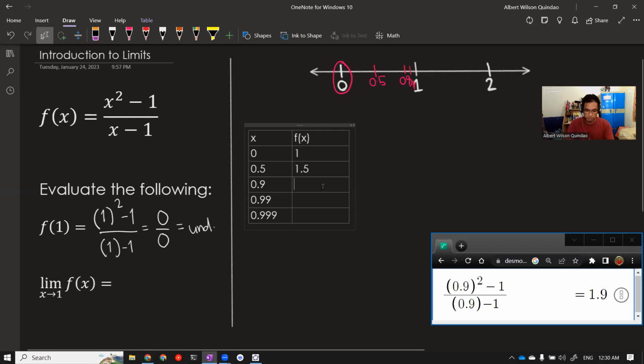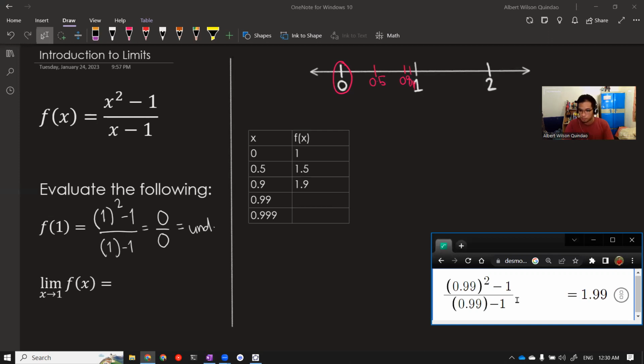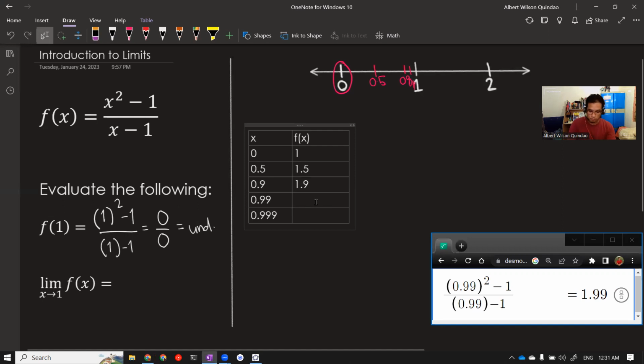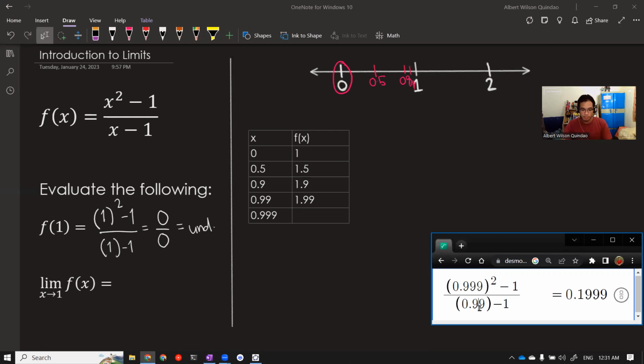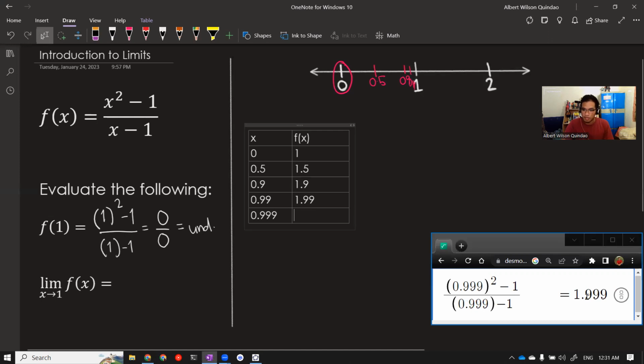Ang function value natin ay 1.9. Okay, so i-complete lang natin tong table na to. So kapag daw 0.99 yung x, ang f of x ay 1.99. And lastly, kapag sobrang lapit na nung x value natin kay 1, so 0.999, ang function value naman niya ay 1.999.